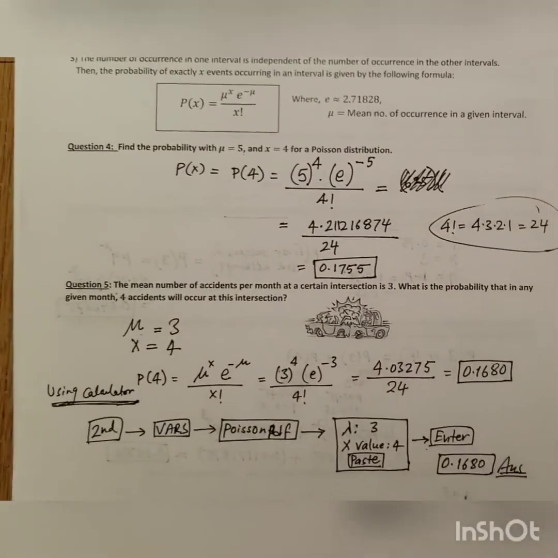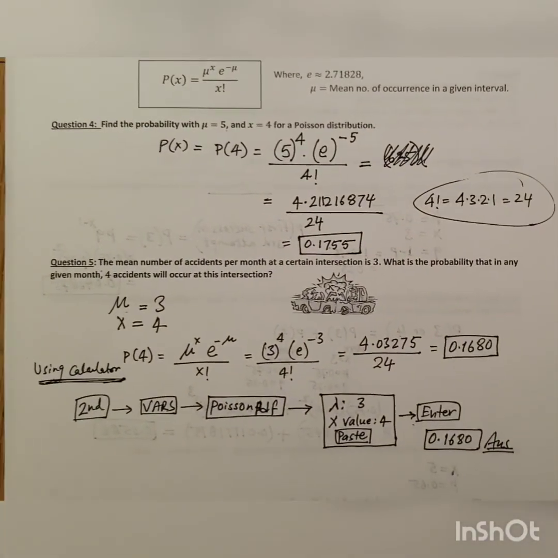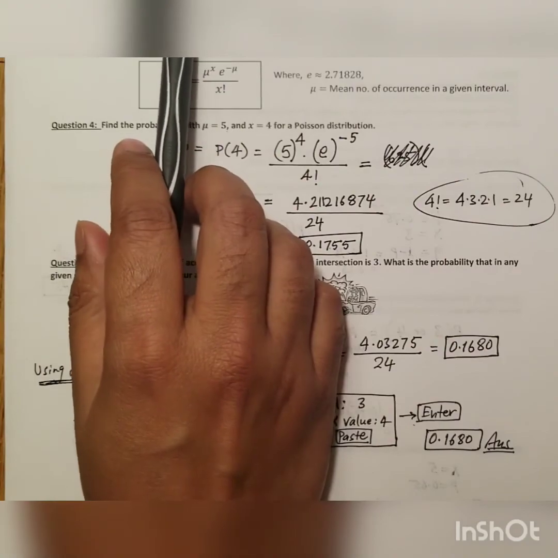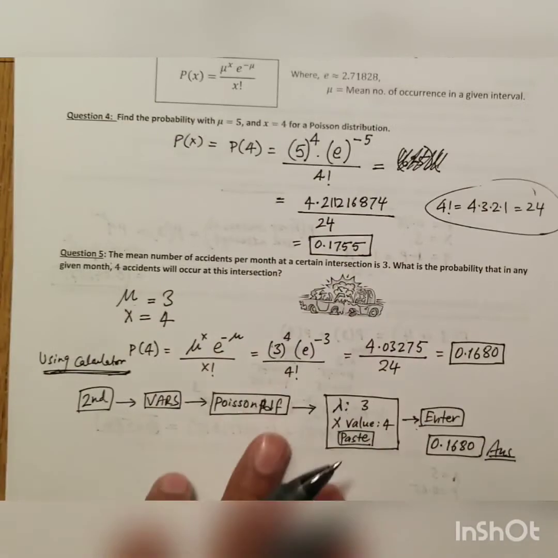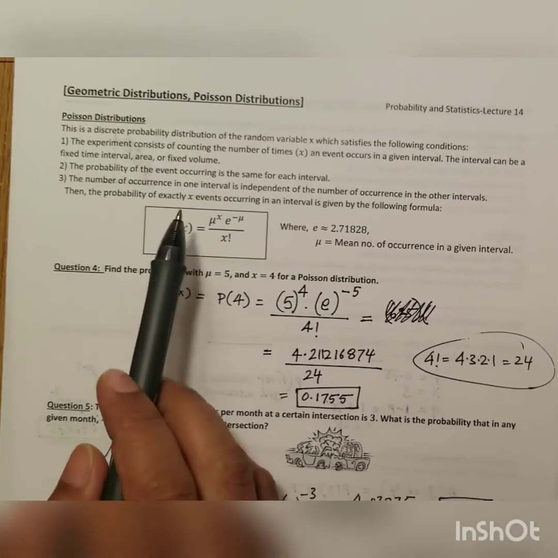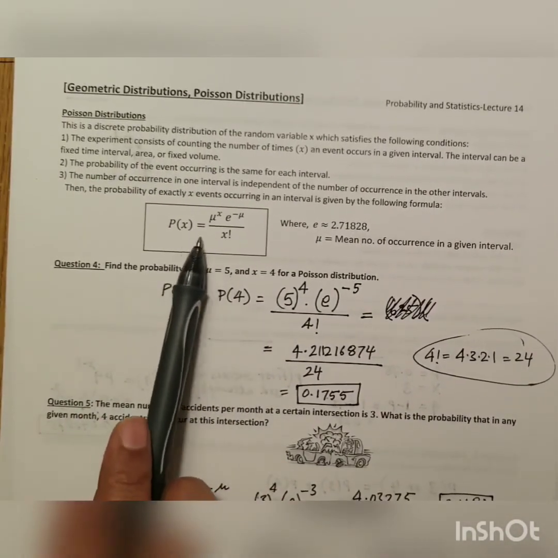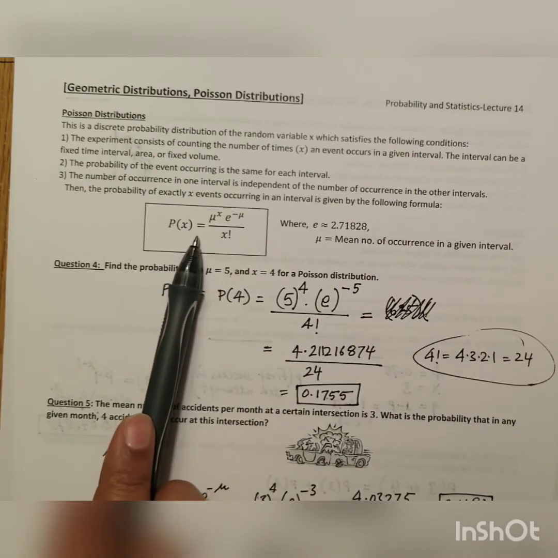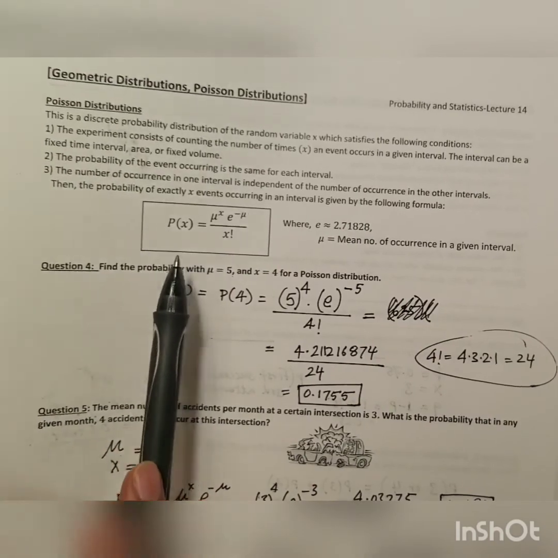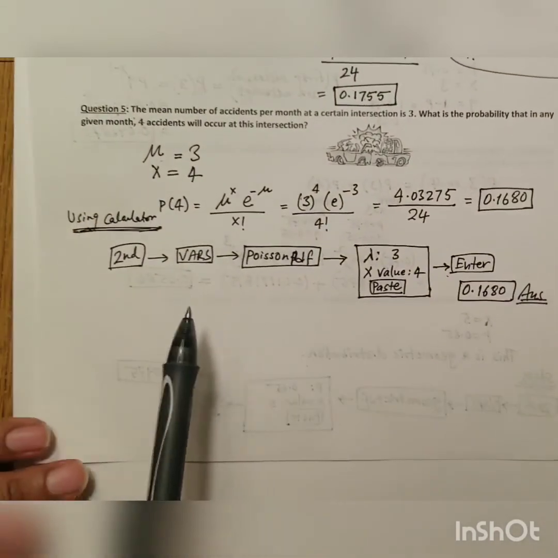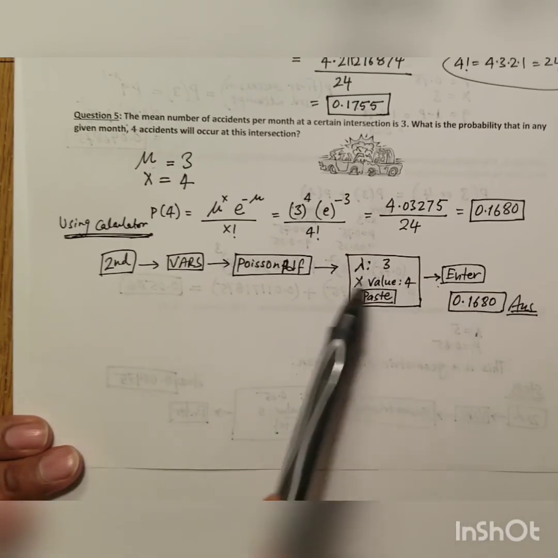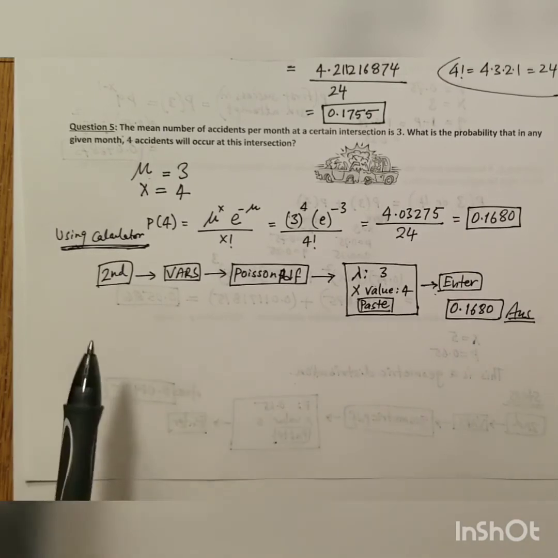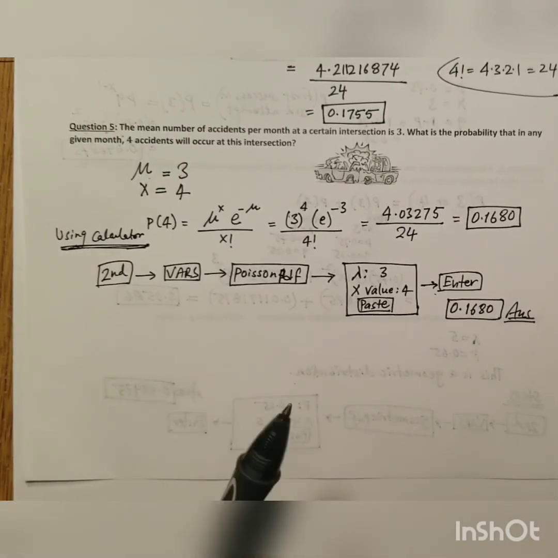Make sure that you understand the Poisson distribution, and the difference between geometric, binomial, and Poisson distribution. You should also know this formula for Poisson distribution, or if you want to use the TI-84 plus calculator, use these steps.